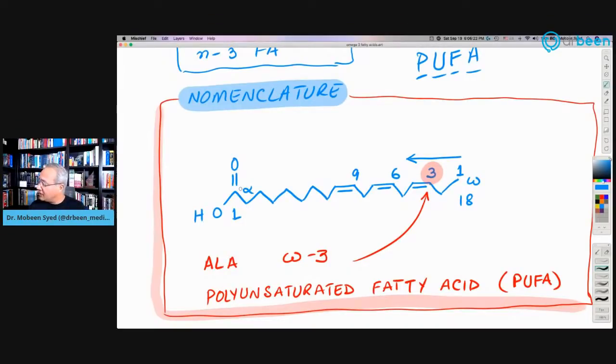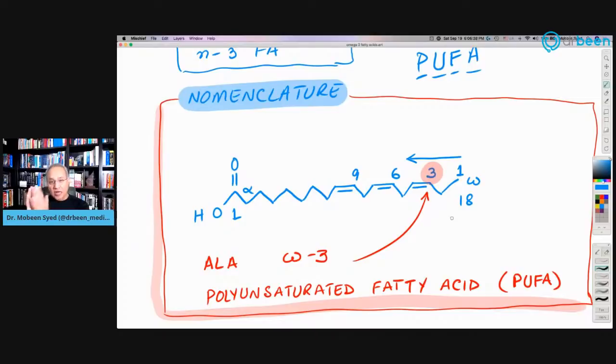So if you see here, this is the alpha end, and this is the omega end, or the end of the fatty chain. In this case, for example, there are 18 carbon atoms. The last one is 18th.